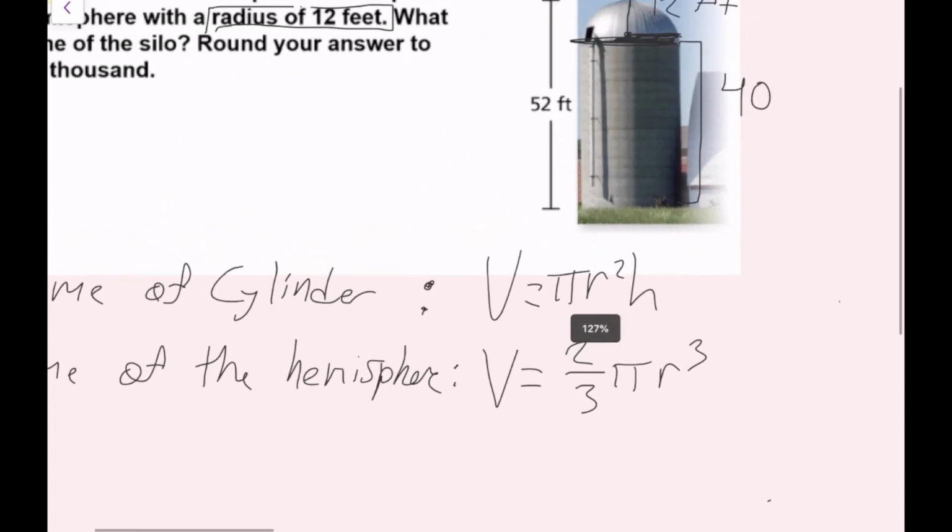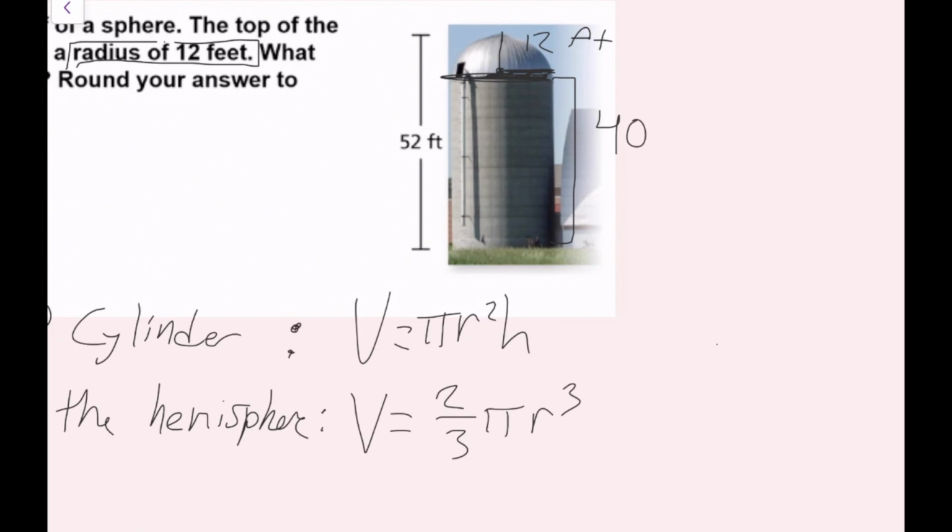And now we just have to plug in what we know. Well, we know that the height of this cylinder is 40. So I'm going to write that over here. So we have V equals pi, and then the height is 40. And then we know that the radius is going to be 12 feet, and it's going to be 12 feet for both.